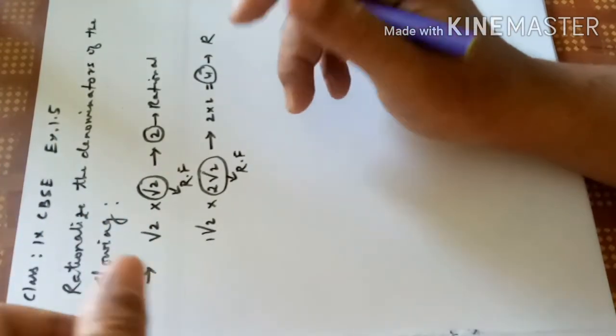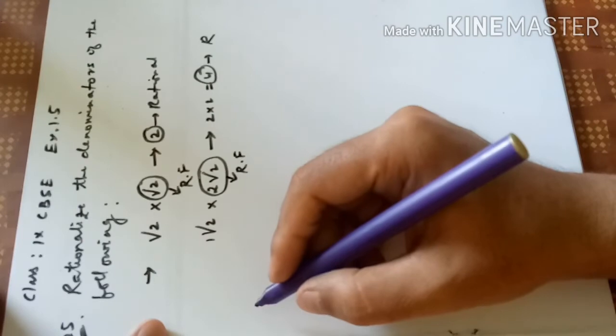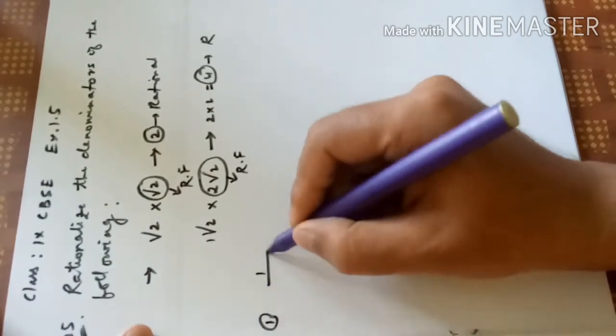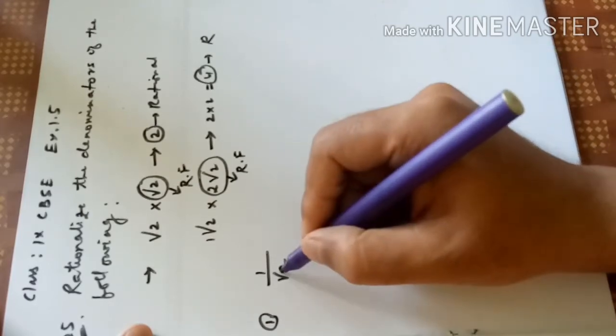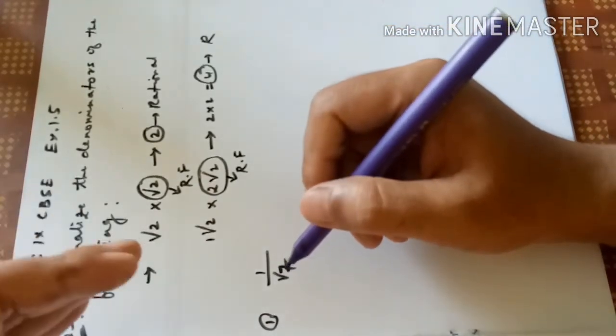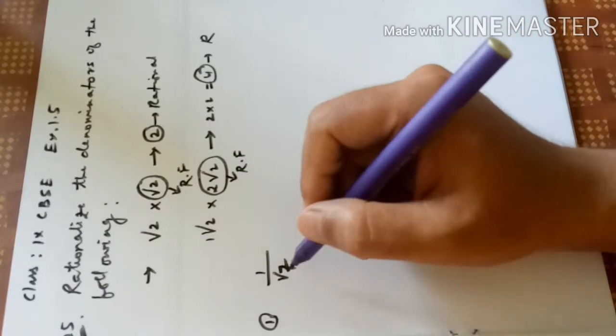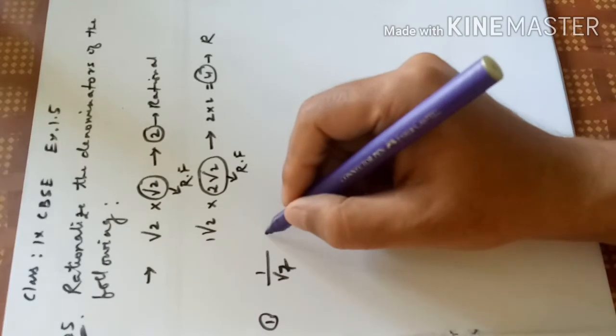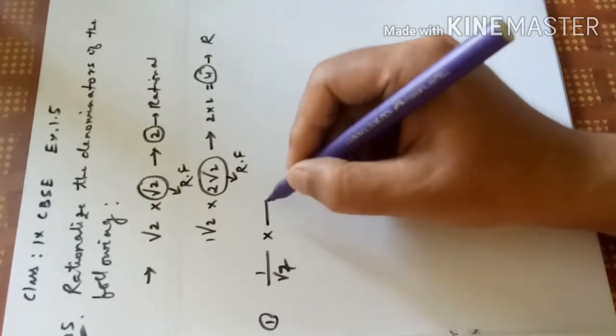Okay, let us start now. Question number 1: 1 by root 7. The question asks us to rationalize the denominator. Here the denominator is an irrational number and we want to make it rational. What is the rationalizing factor of root 7? You must know.